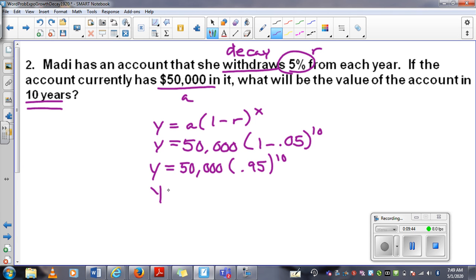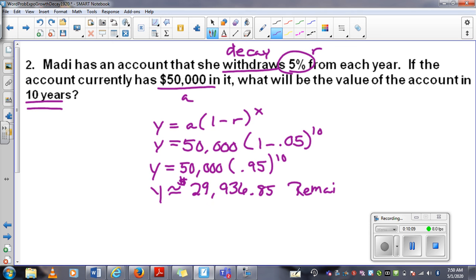Now with my calculator, I'm going to calculate this. We end up with, and this is money, so I will round it, 29,936.85. Now this is how much remains.